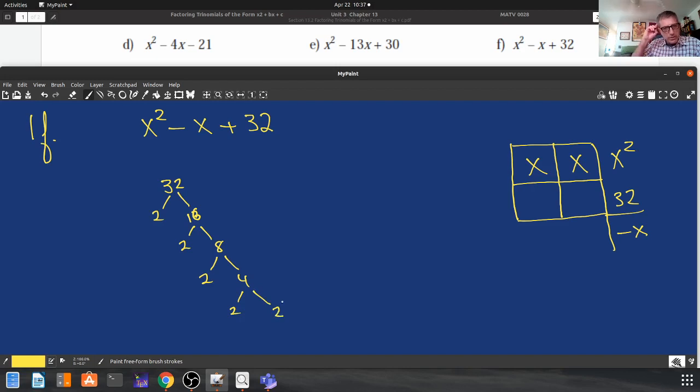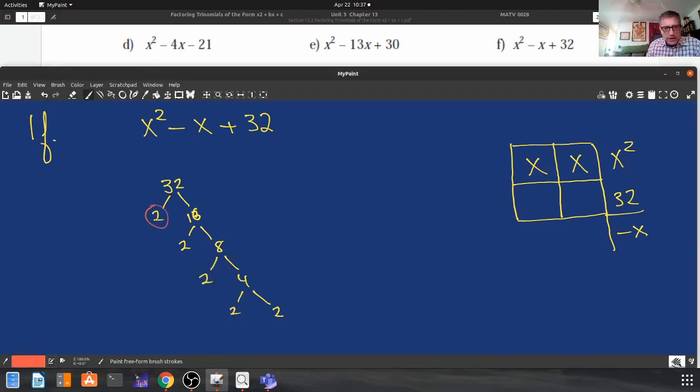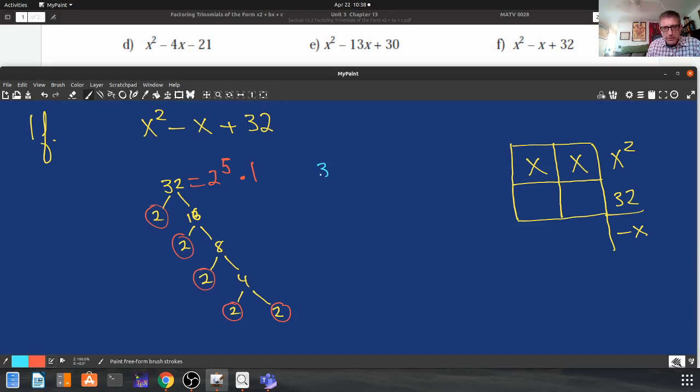So here's how this works. If I want to find all of these factors, I can go to the endpoints. 32 is equal to 2 to the fifth times 1, because I need two factors. So 32 is equal to 32 times 1.